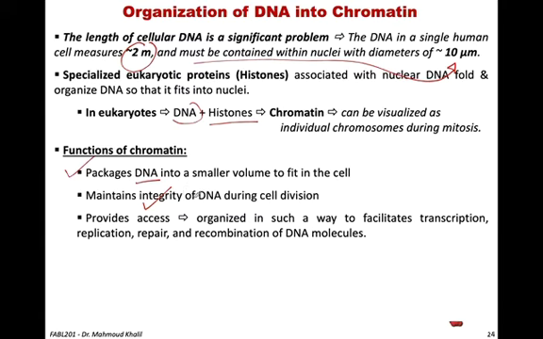So it needs to be protected by chromatin in order to maintain its integrity. The third function, we later understood, is that chromatin provides access to facilitate the transcription, replication, repair, and recombination of a DNA molecule. So these are the three major functions of the chromatin.